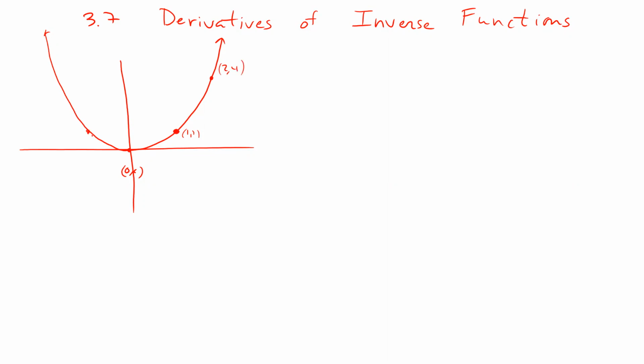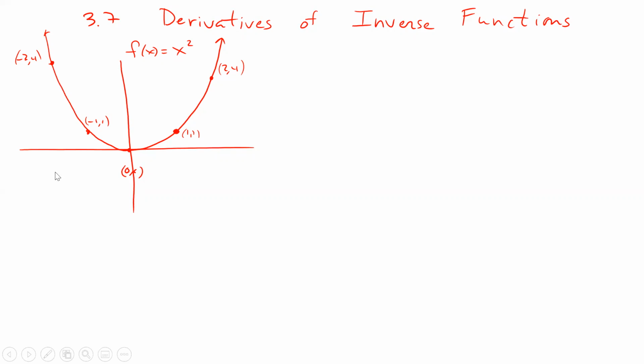Okay, so let's review just a few little things about inverse functions. What is the inverse function of x squared? Trick question. There is no inverse function of x squared. Isn't it the square root of that? First things first, remember the vertical line test from a long time ago?